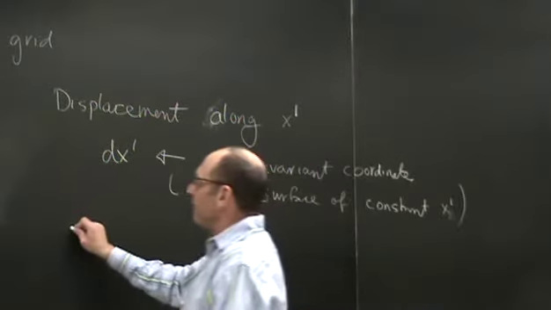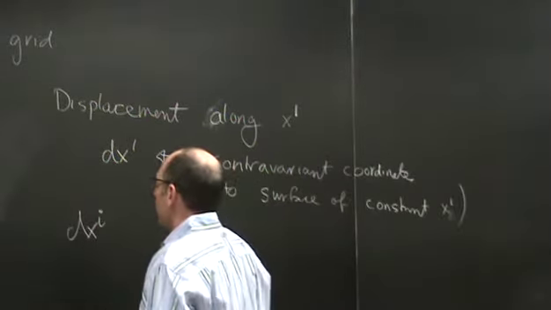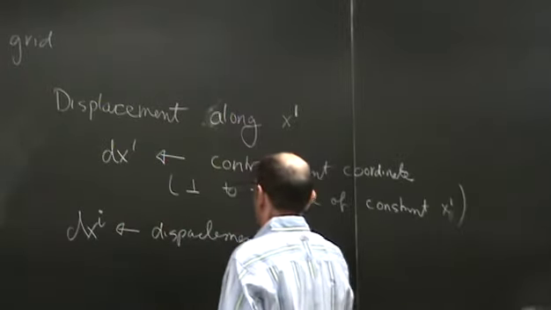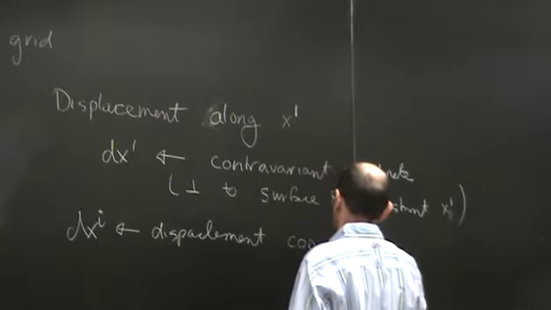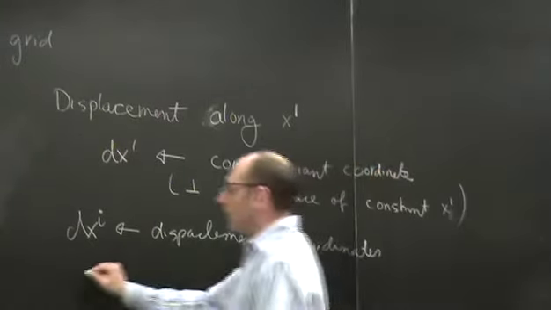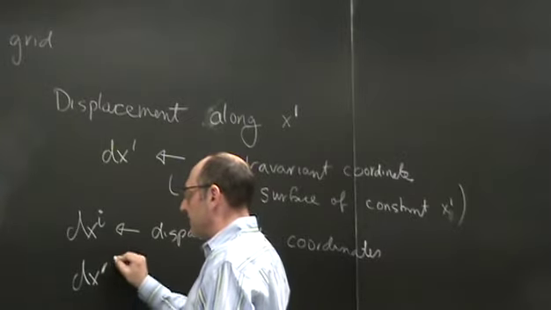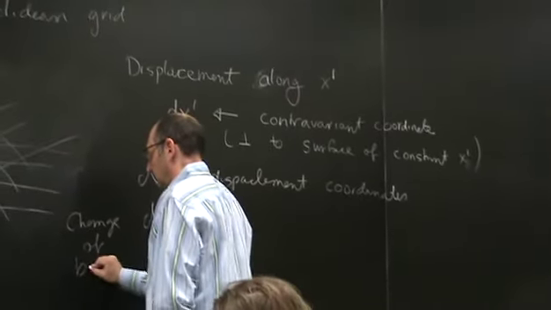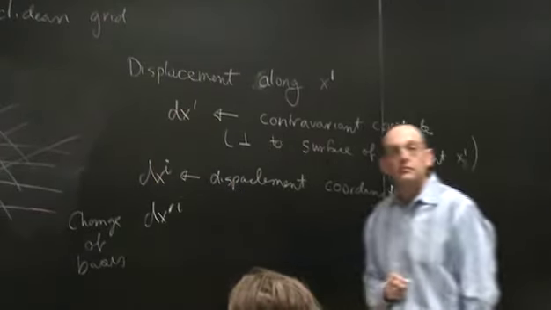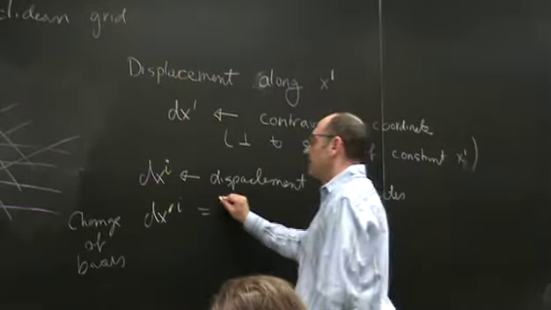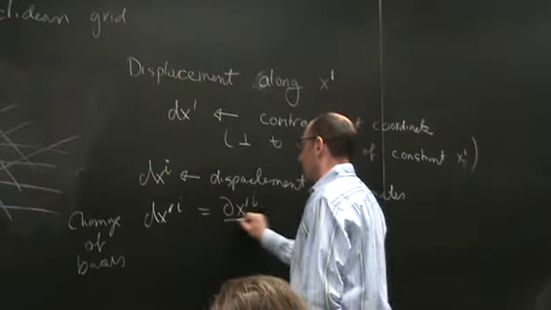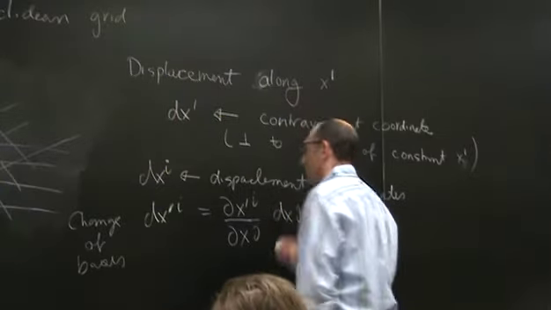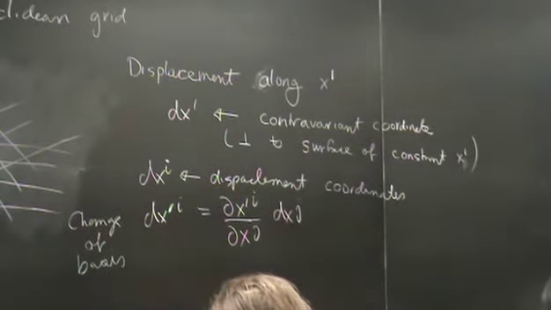And we can see that if I have dx^i are the displacement coordinates, and I want to know what are the displacements with respect to a new basis, I do a change of basis. Well, according to the chain rule, that's that.